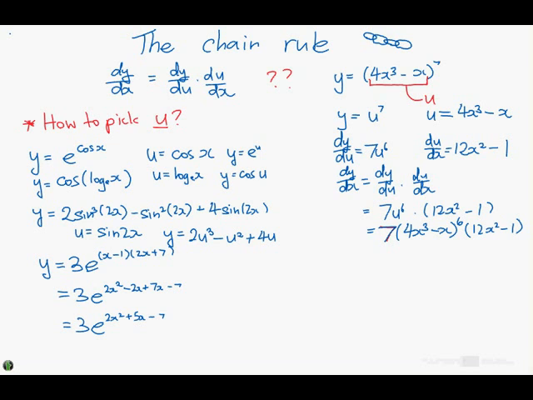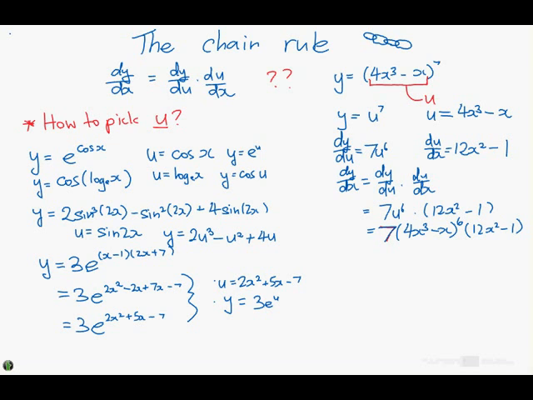Because here, obviously you can do u equals 2x squared plus 5x minus 7. And what does y equal? y will just equal 3e to the power of u. So sometimes you may need to do a little bit of work for your u and y to pop out. Again, note that in this case, u and y are both fairly easily differentiated.